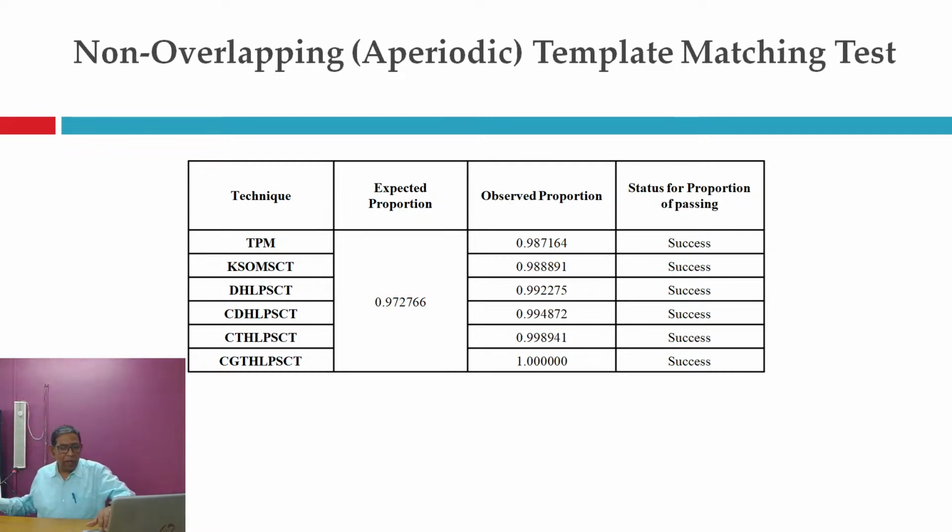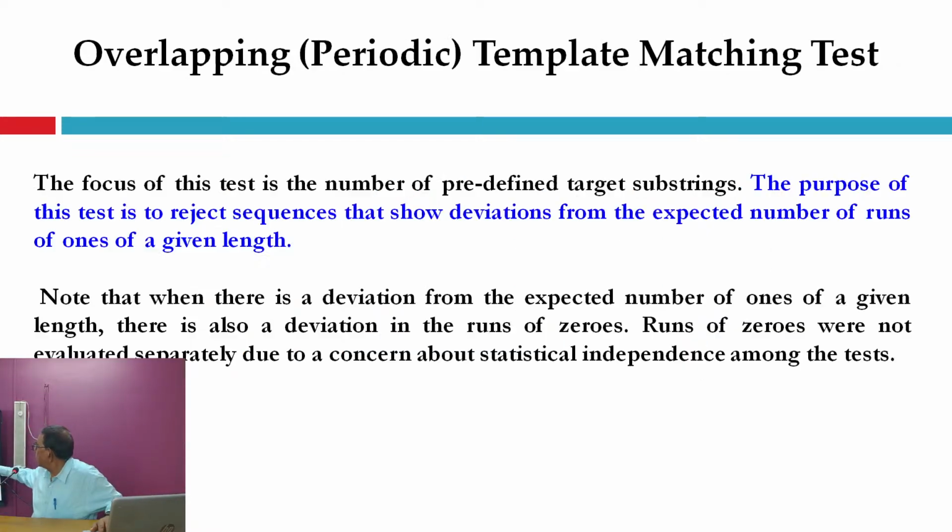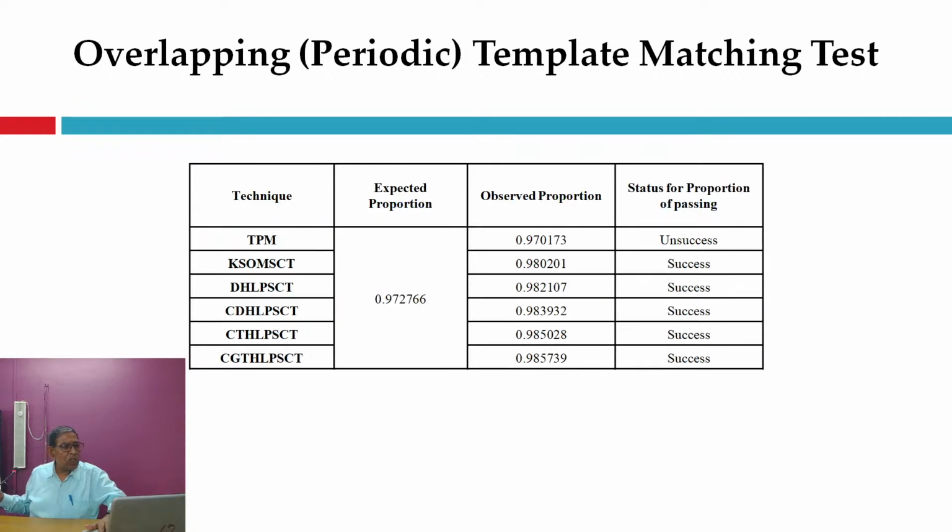Then the overlapping template matching test. Here you see your tree parity machine is unsuccessful and the other networks are successful.